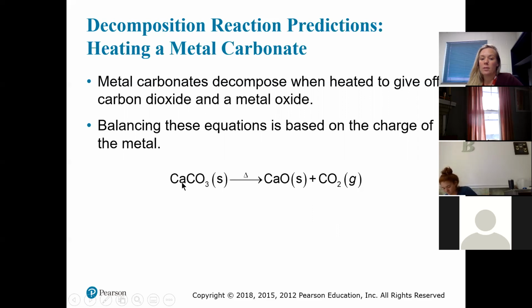One of the oxygens will stay with the metal and then the carbon and the 2 oxygens will make their own CO2. And then balancing these equations is based off of the charge of the metal. So in this case we have Ca that has a 2+ charge, oxygen will have a 2- charge. So those balance out. So it ends up actually being just 1-to-1 for this one.